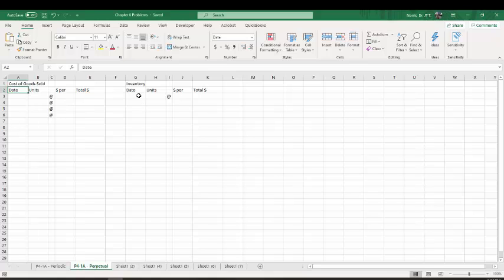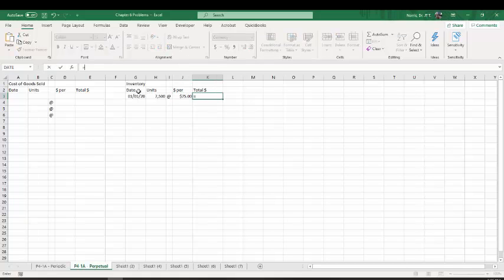So we start the year on January 1, 2020 with the same 7,500 units that cost us $75 each. And that is a total of 562,500.